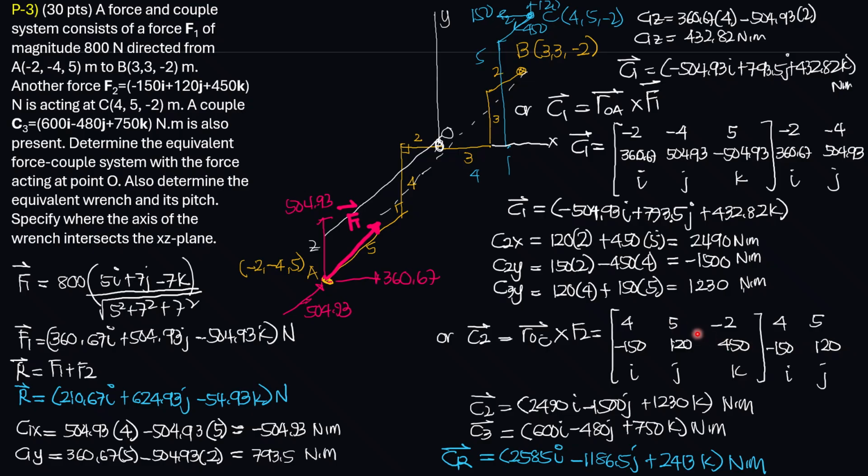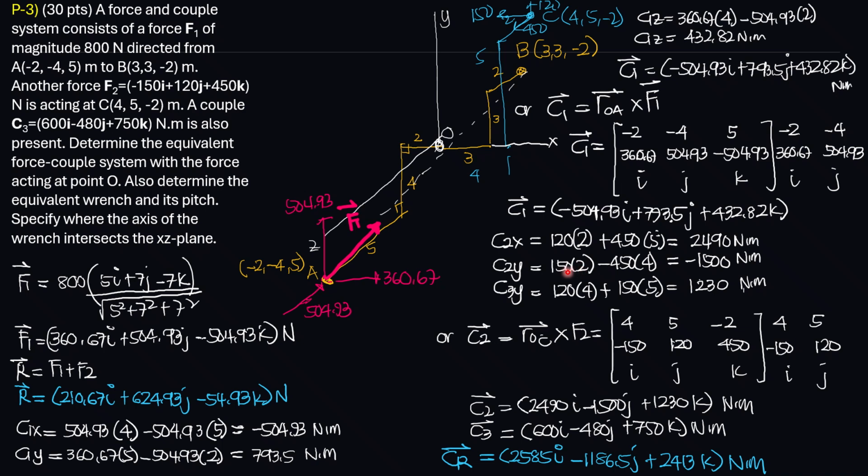For I, 5 times 450, can you see that? Then minus, because this is negative, minus of negative is positive, 120 times 2. So it's the same, 2490 Newton meter. For J, negative 150, negative 2, so that's positive 150 times 2.